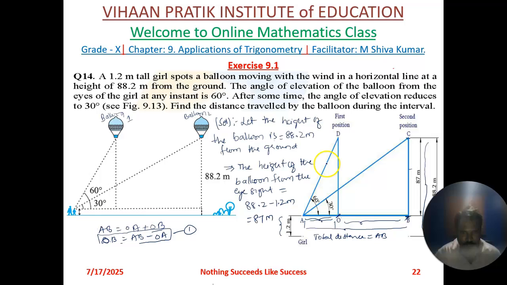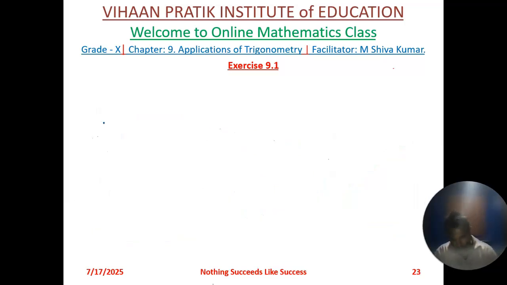So we have to consider two triangles. One triangle is AOD, and the second triangle is ABC. Let's do this on the next page. Let's consider two triangles.